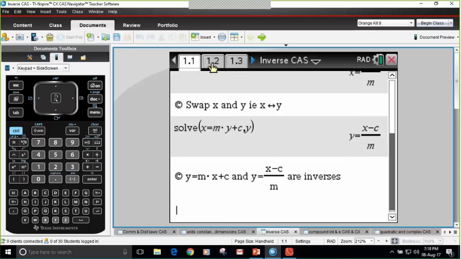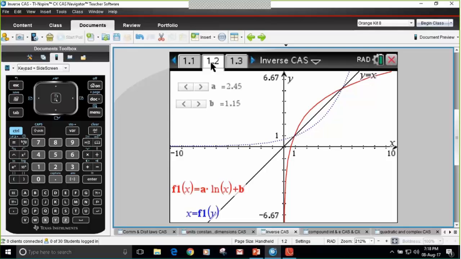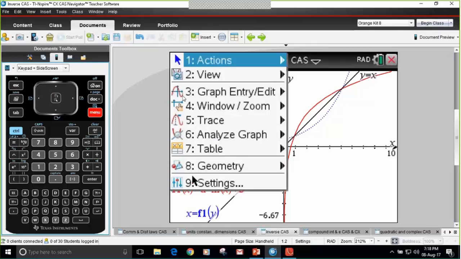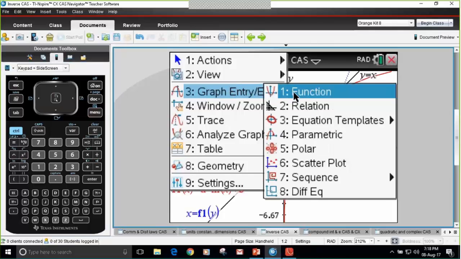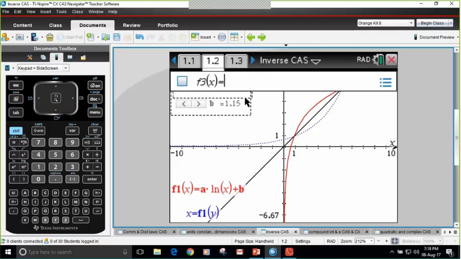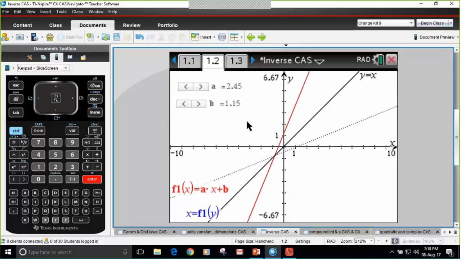It can be further explained graphically. So within a graph, we can enter a function. So let's have a look at the function that we've got here and just perhaps edit that. And we'll just change this in here to be equal to x and press that in.